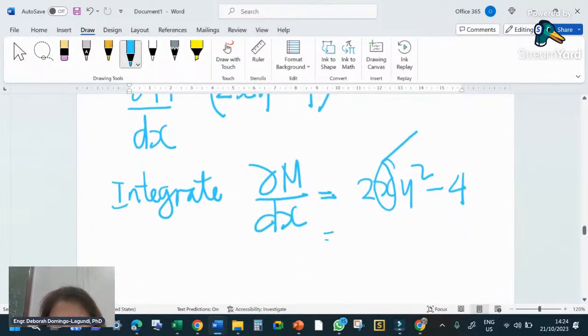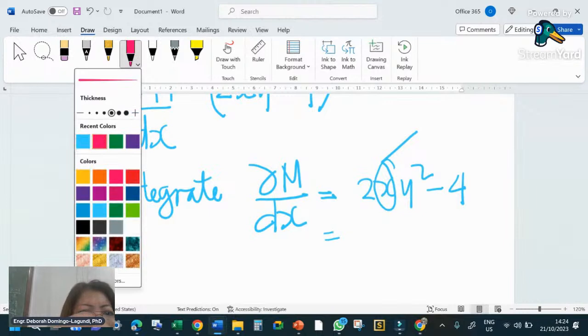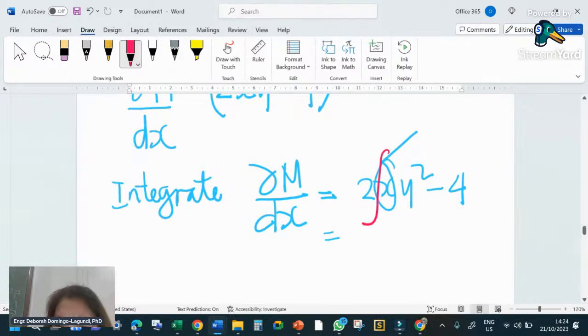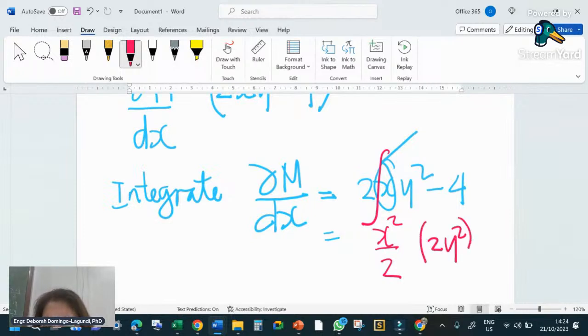Then if you integrate that, then you will have x squared over 2. Okay? The rest are constants. So you just copy them, 2y squared, and if you integrate minus 4 with respect to x, then you get minus 4x plus c.